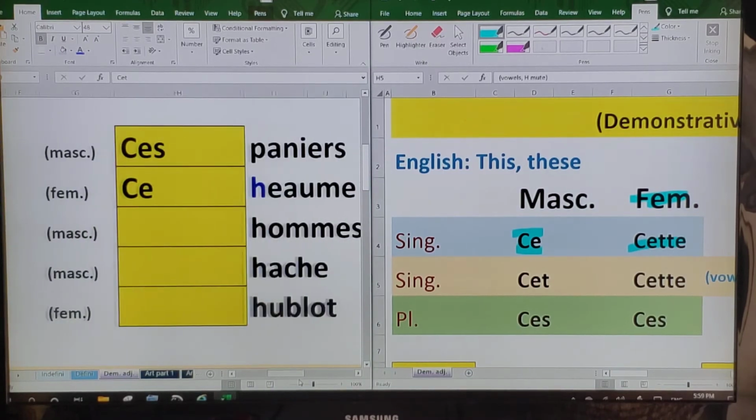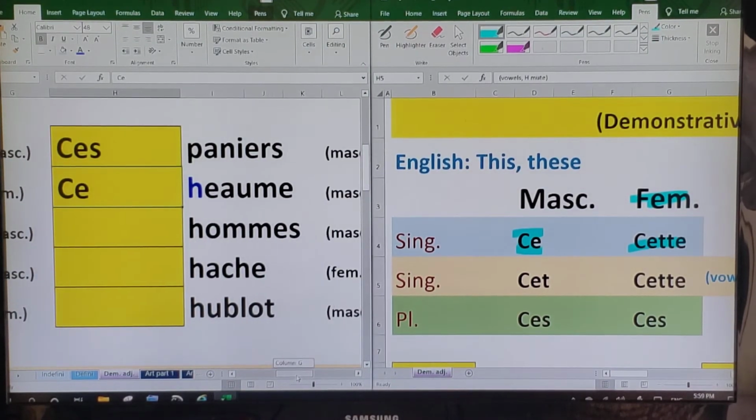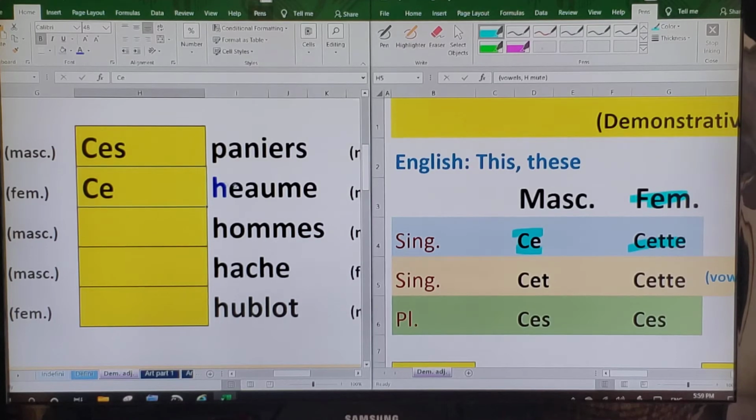But this is an example of H aspirated, so we use ce. And see how it's pronounced: ce homme. It's not ce omme. It's a homme. So, we pronounce the letter h. Ce homme.